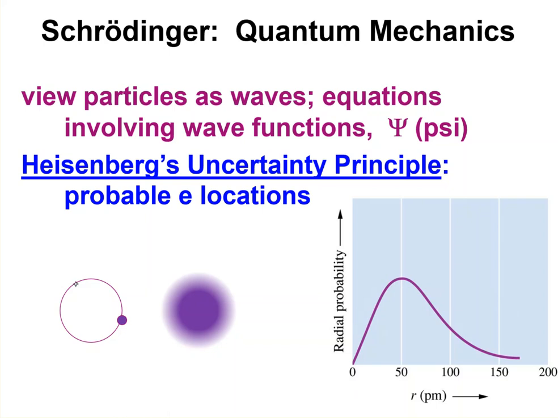And so this is where we got rid of the idea that we have a ring and the electron is on it, or even a set distance from the nucleus, and we got more of an electron cloud type thing, where this is distance from the nucleus in picometers. And we can see that for this electron, it's most likely to be 50 picometers from the nucleus, but you can see it could be at any point in time a lot further out or closer.